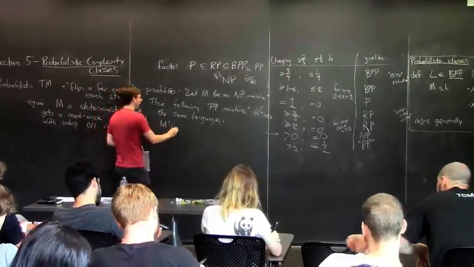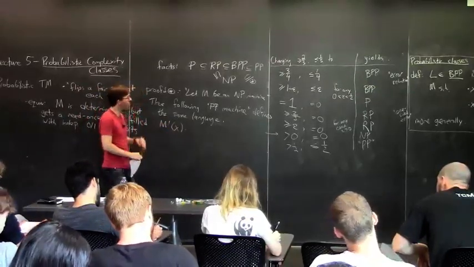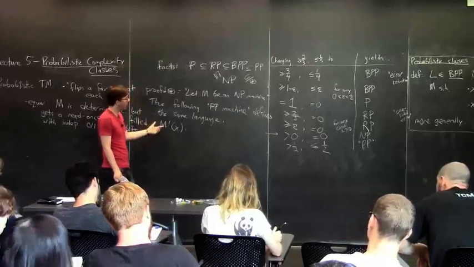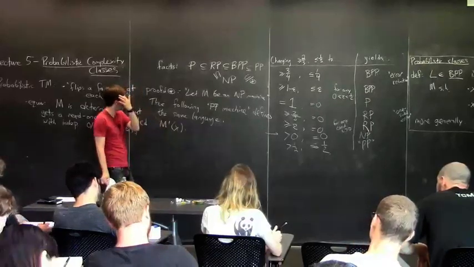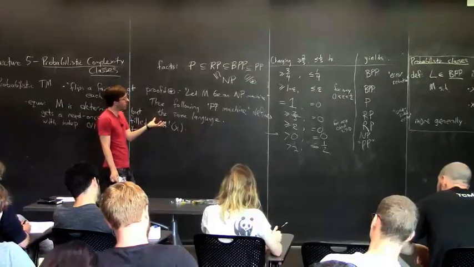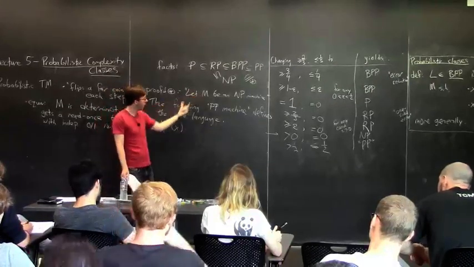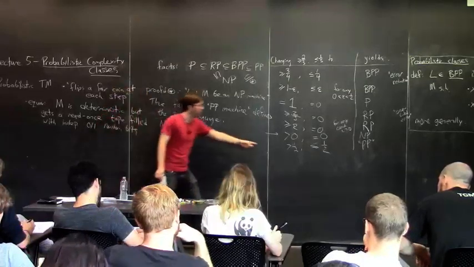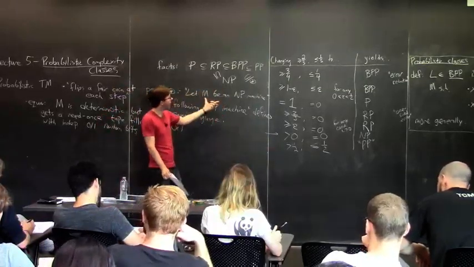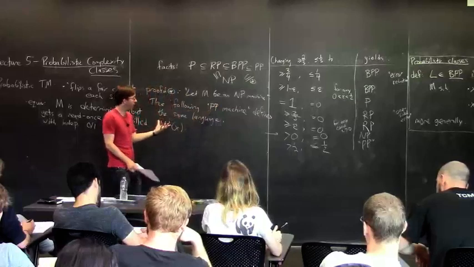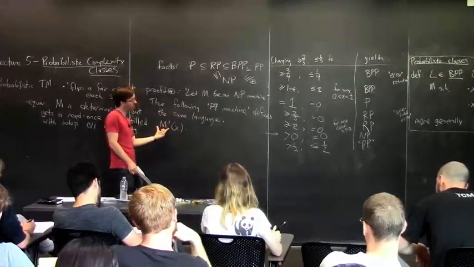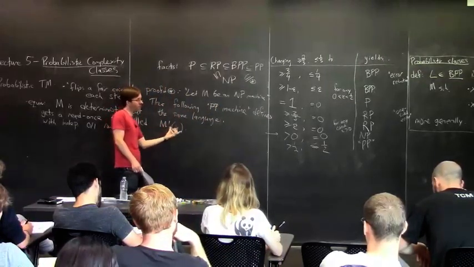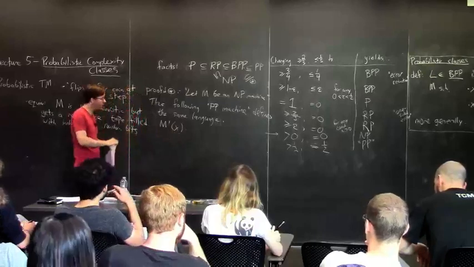And on input X, what is it trying to do? It's a randomized machine that's trying to judge if X is in the language. If M accepts X with any probability, then M prime should accept it with probability at least 1/2. And if M always rejects X, then M prime should accept X with probability at most 1/2. That's what we need to do.